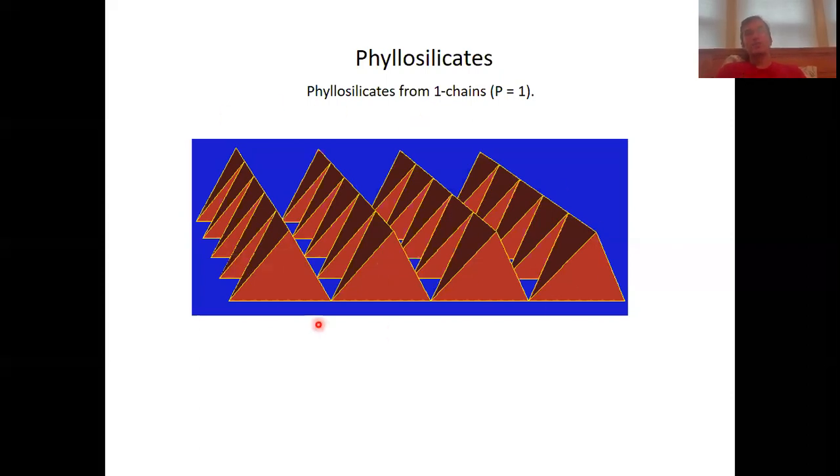And so that sheet would be charge neutral, and for that reason the composition of that sheet must be just SiO2. And that means that this would be a polymorph of SiO2, one possible polymorph of SiO2.